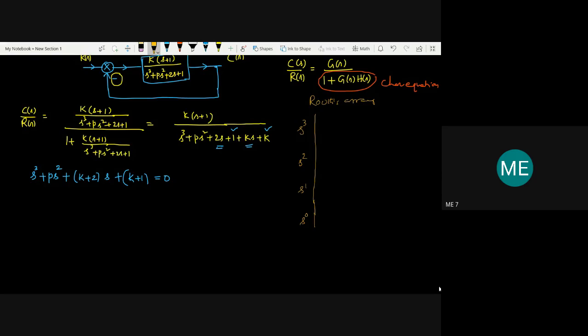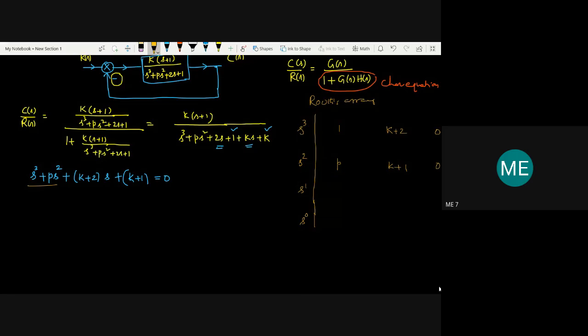I'll write these two coefficients vertically downwards, that is 1 and p. The second column I'll write k plus 2, and one more is k plus 1. And the remaining, of course, are zeros.